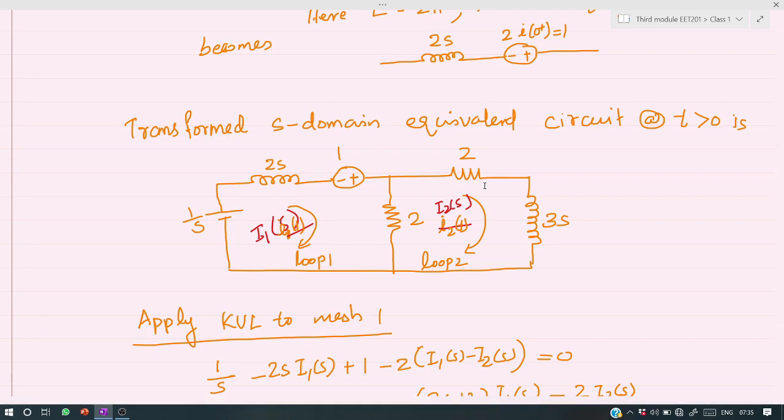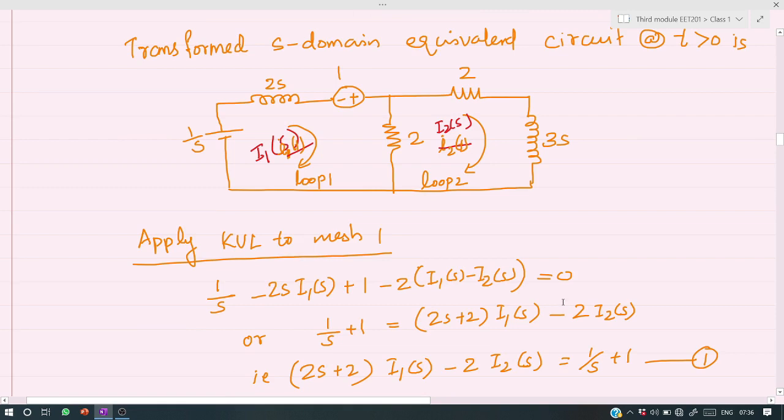Now let's see how to solve this transformed network using mesh analysis. As seen here, there are two meshes, mesh 1 and mesh 2. Let mesh 1 current be capital I1 of S and mesh 2 current be capital I2 of S. Mesh 1 equation by applying KVL becomes 1 by S minus 2S into I1 of S plus 1 minus 2 into I1 of S minus I2 of S is equal to 0.